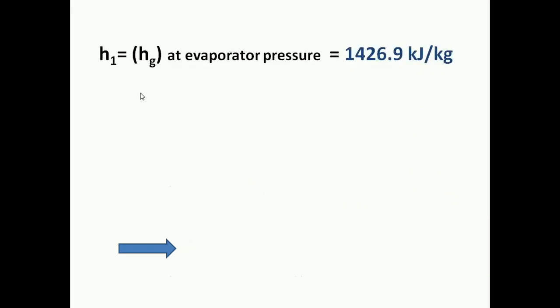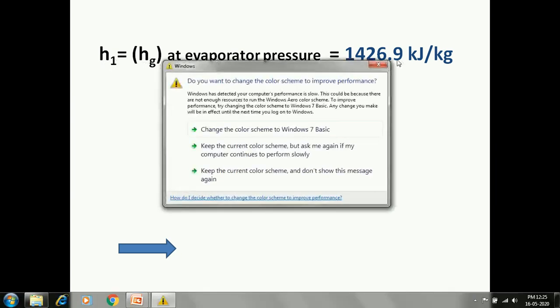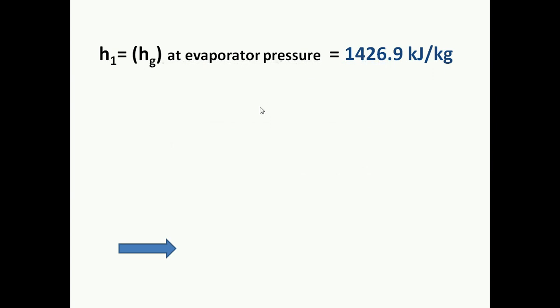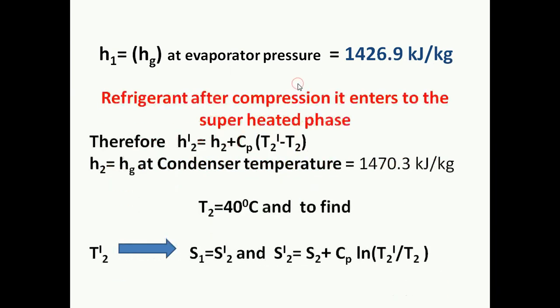First H1, as per my direction, note all the values. This is a pH diagram. From the pH diagram, H1 is equal to Hg at evaporator pressure, which is 14.269 kilojoules per kg. After compression, the refrigerant enters the superheated point.